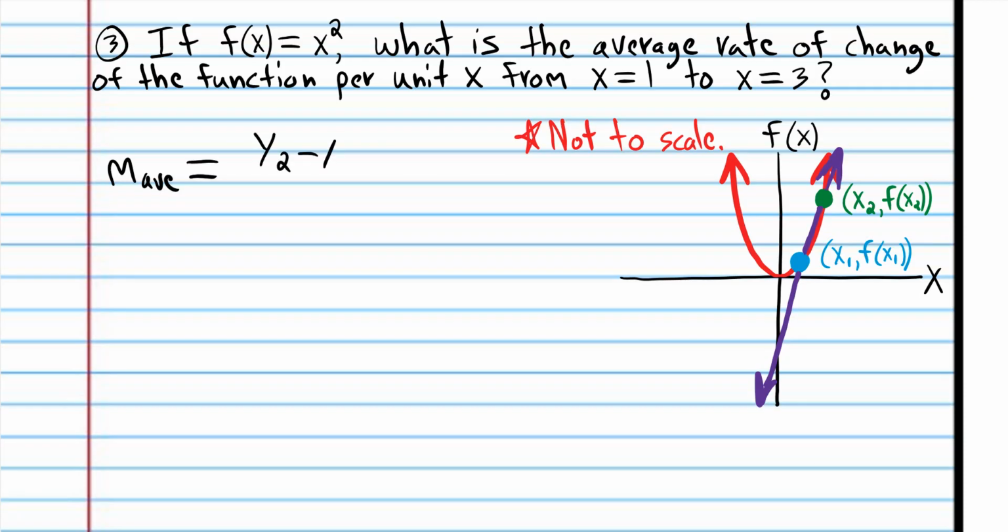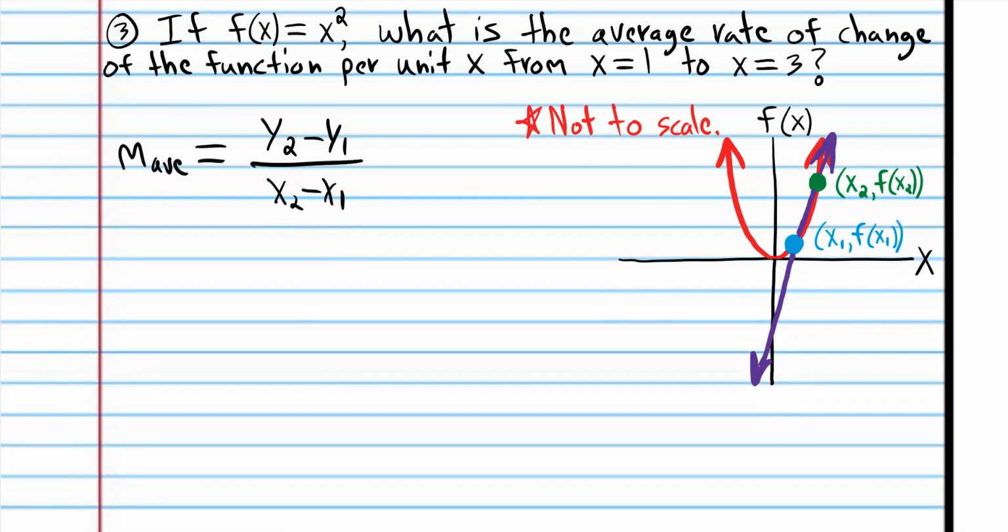The slope of a line is simply the change in y values over the change in x values. And because we're using functions here, we can call y2 f of x2, and we can call y1 f of x1.